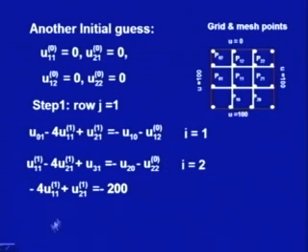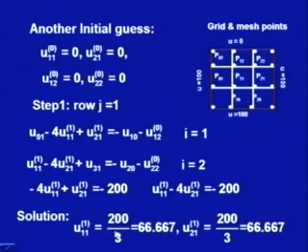So, I would get u11 minus 4 u21 is equal to minus 200. Now, solve these two, two equations and 2 unknowns since we have two internal points. The solution would be u11 is 200 by 3, u21 is also 200 by 3. So, we have got a different solution now.